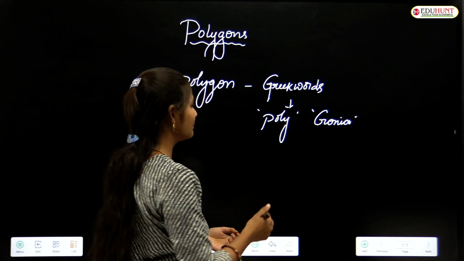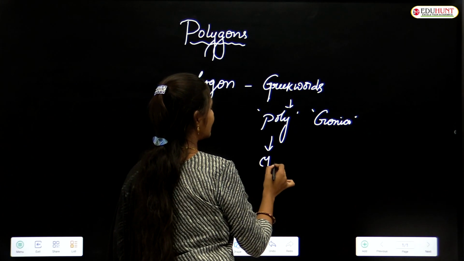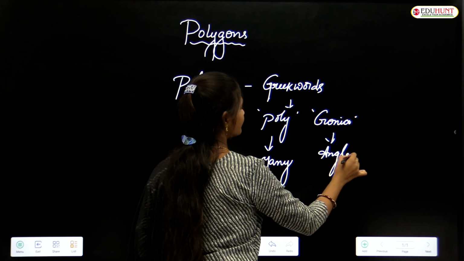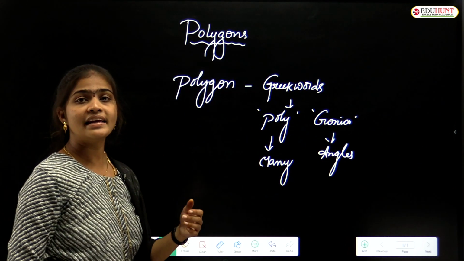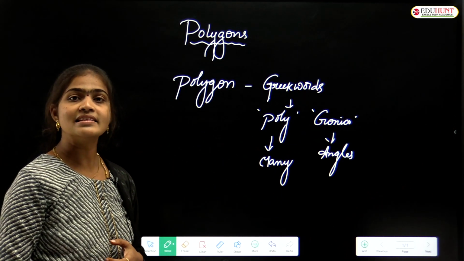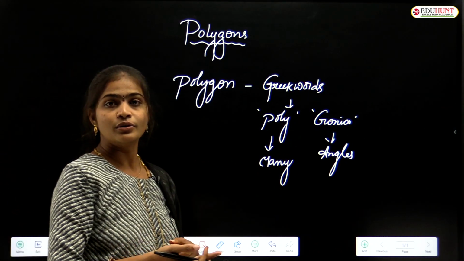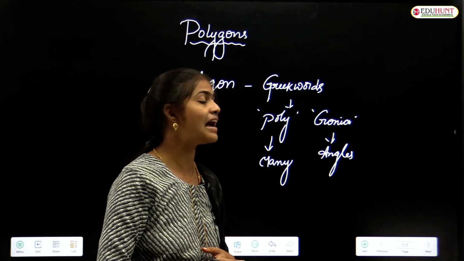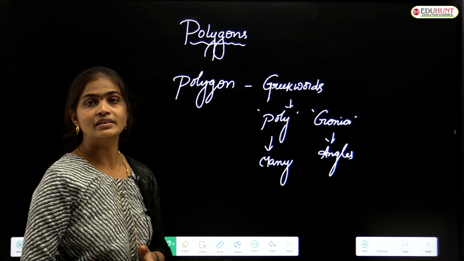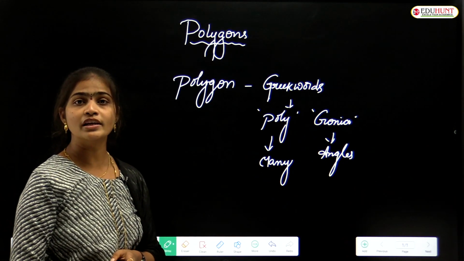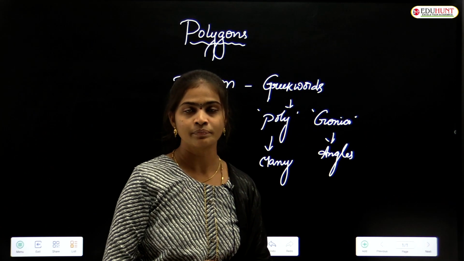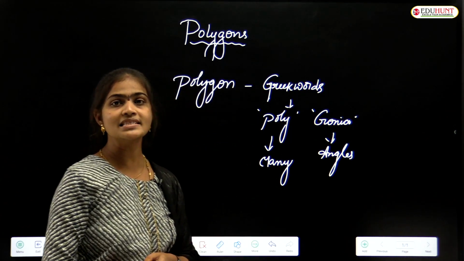Poly means many, and gonia means angles. So polygonia means many angles. So a figure which is made up of line segments has many angles. That is the meaning of the word polygon. So polygon came from which word? From the Greek word polygonia. Poly means many and gonia means angles.